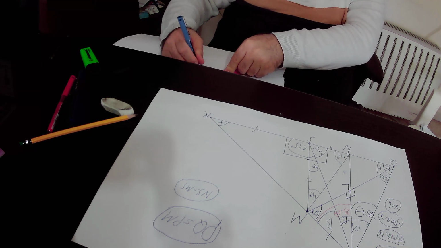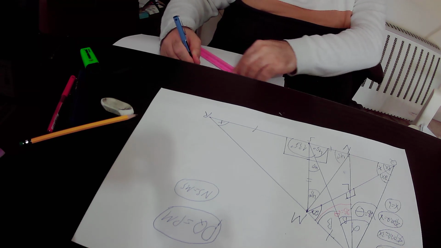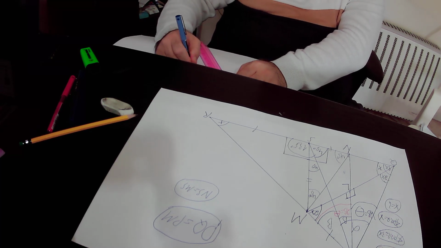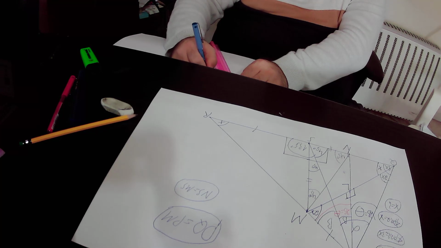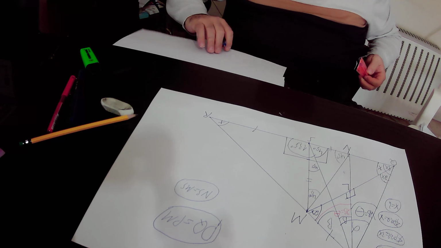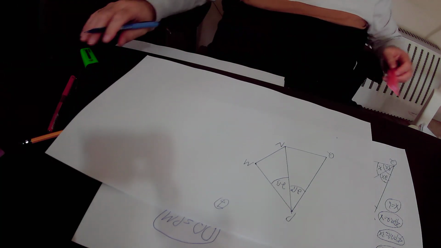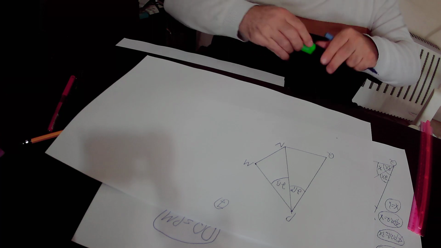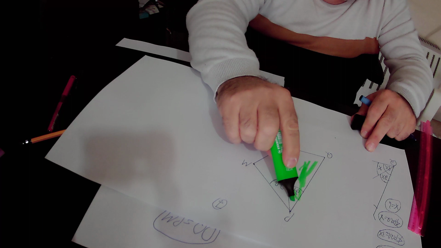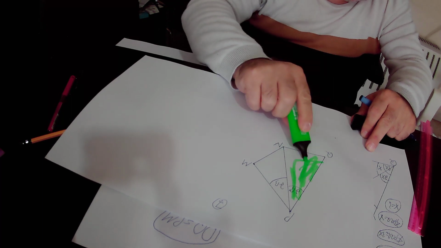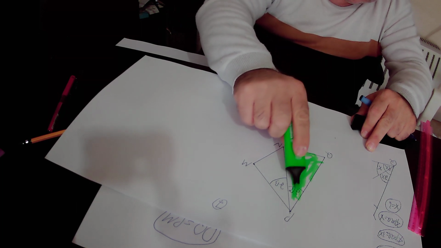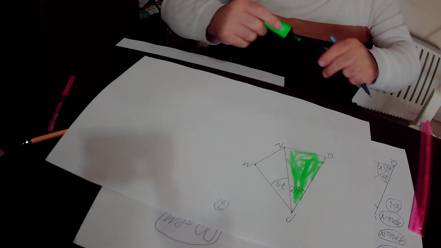And triangle PNM, or PMN. So we will prove that the green triangle PQN is congruent to the white triangle PNM.